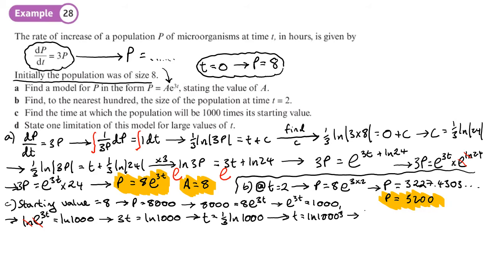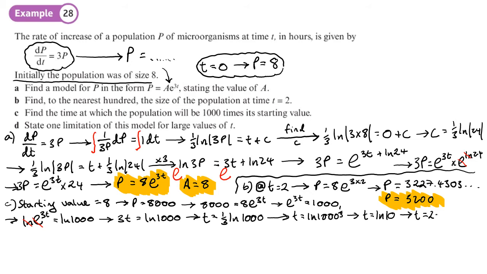So you could say actually t is just ln 10, but because of the form they want the answer in, I don't want to leave the time as ln 10. So let's work out what ln 10 is. That is 2.3025.